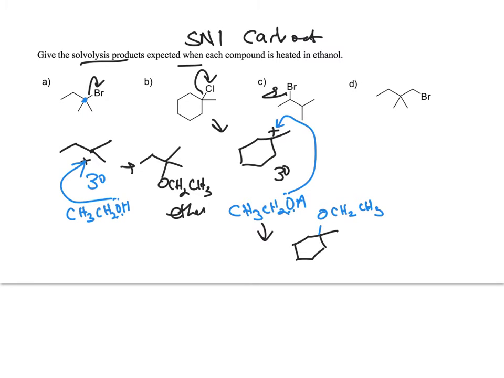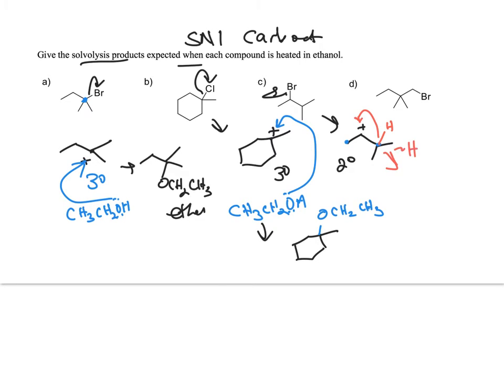Here the bromine leaves. So you get your carbocation. Now this is a secondary carbocation, and you see if it goes here, if it traded places, that would be a primary, which isn't better. But if it went here, it'd be a tertiary. Tertiary is better. So it's going to switch places.